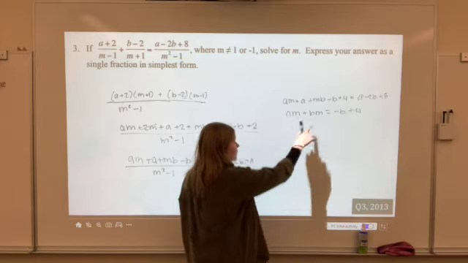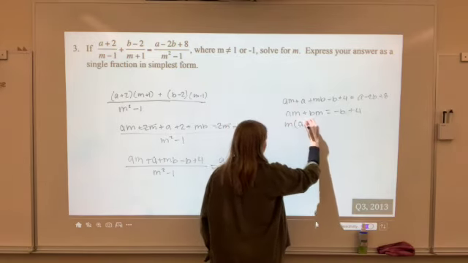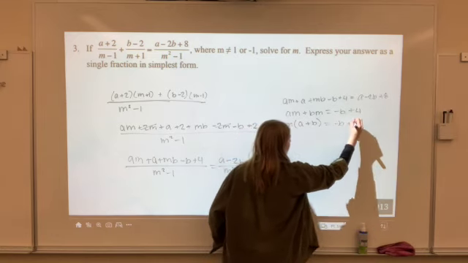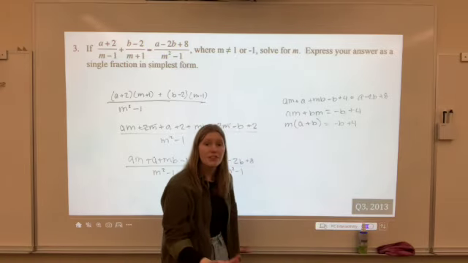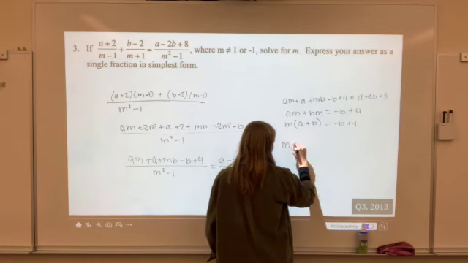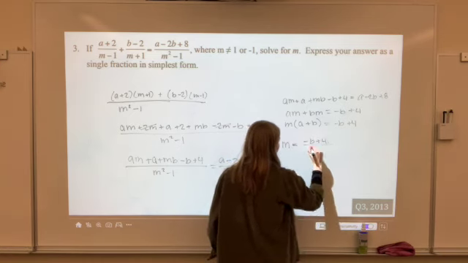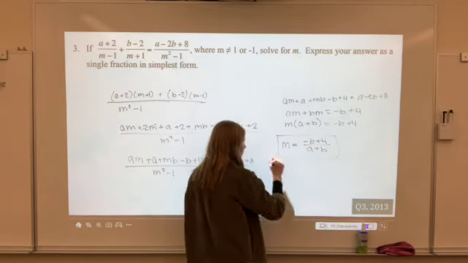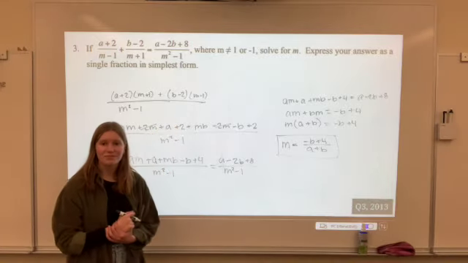And now, let's factor out the m. m times a plus b equal to negative b plus 4. If we divide both sides by a plus b, then we have solved for m. So we have m is equal to negative b plus 4 all over a plus b, and that is our final answer. Honestly, not too hard of a process.